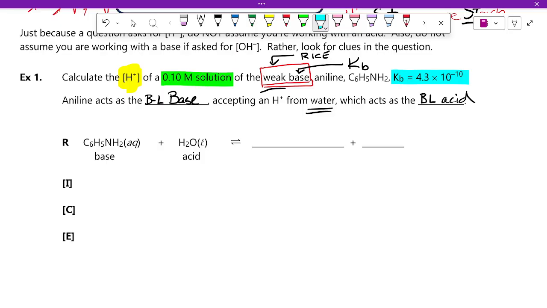No, our initial concentration, you got a 0.1 molar solution of the weak base. That's the initial.